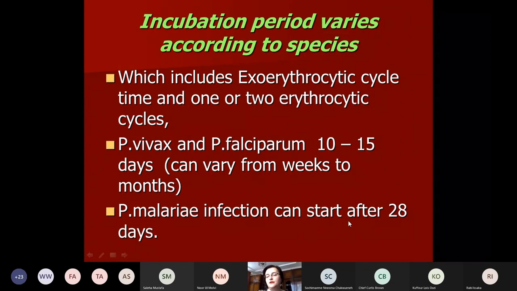Malaria infection can start after 28 days. Remember, it's not truly an incubation period, because inside the organism everything is already in very active processes, but the symptoms, the clinical manifestations, do not start yet.